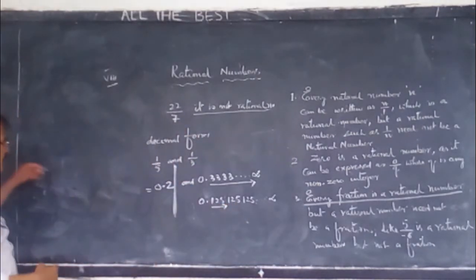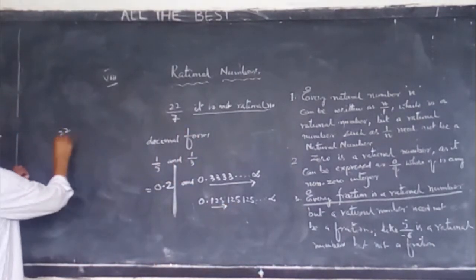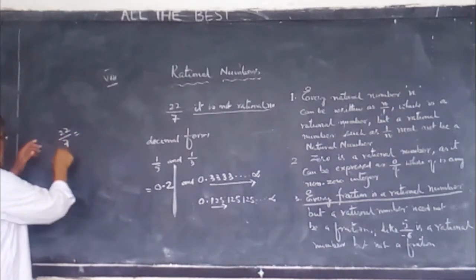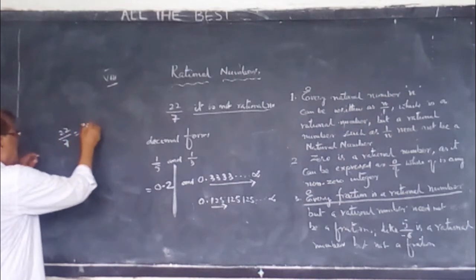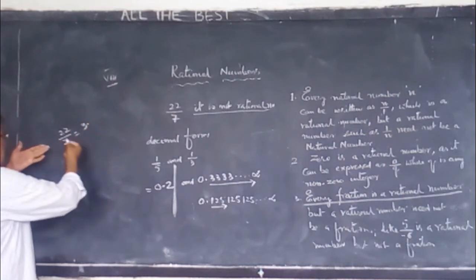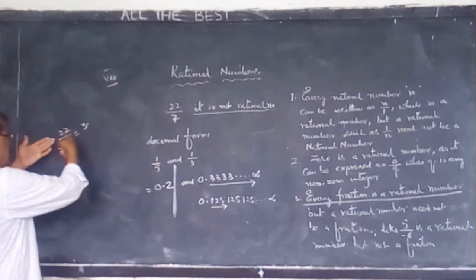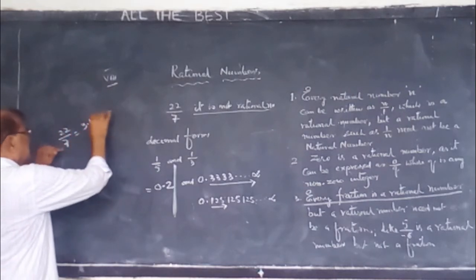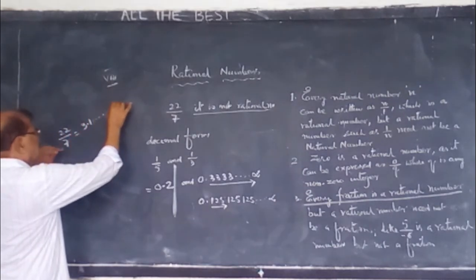Whereas if you take 22 by 7, you take a calculator and divide 22 by 7. You will get 3. 7 3s are 21, again 10. 7 1s are 7. Like that you will be getting some decimals up to infinity.